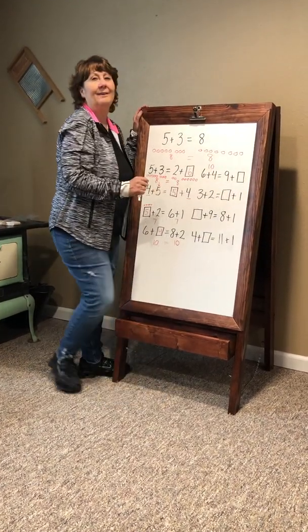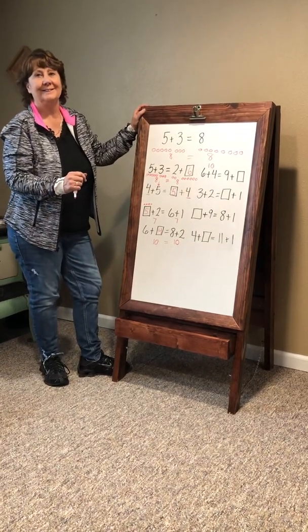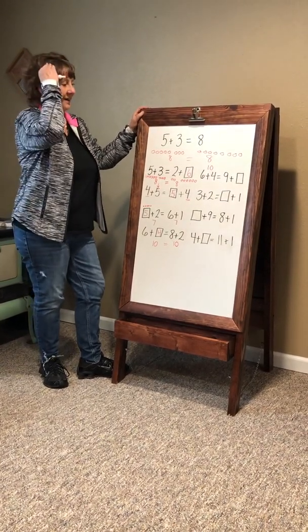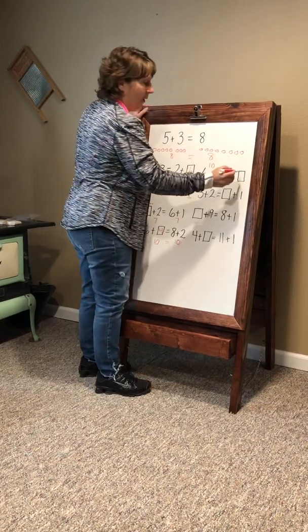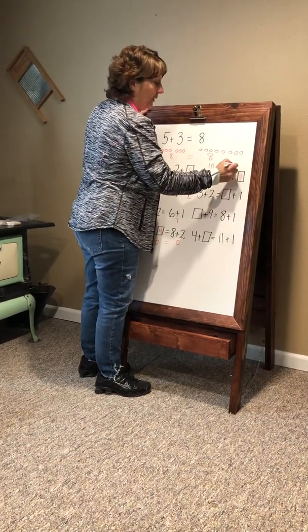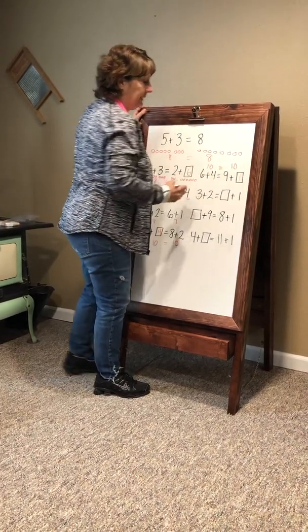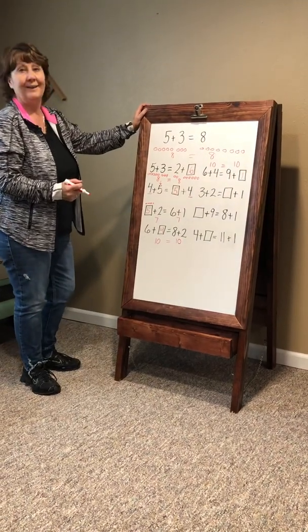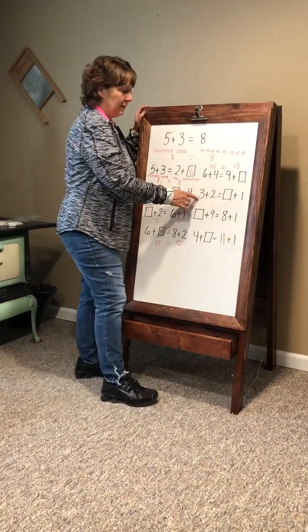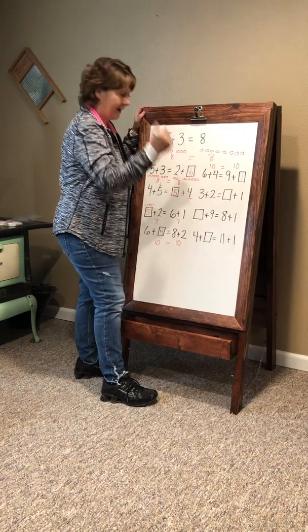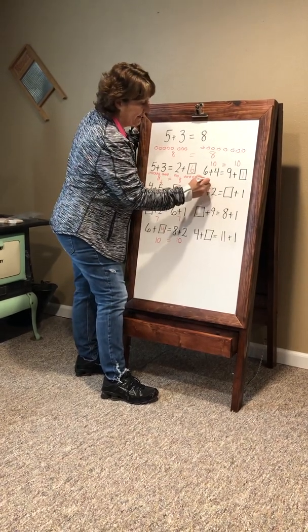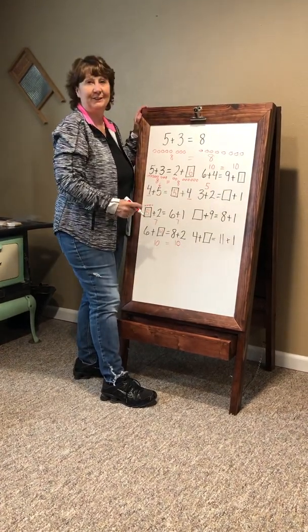What do you add to 9 to get a 10? 9, 10. One more, and we will have both sides equal to a 10. 3, 4, 5. You should know 3 plus 2 is 5 without even using your fingers.